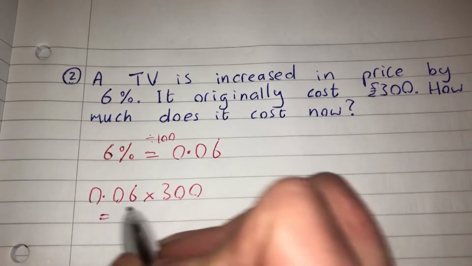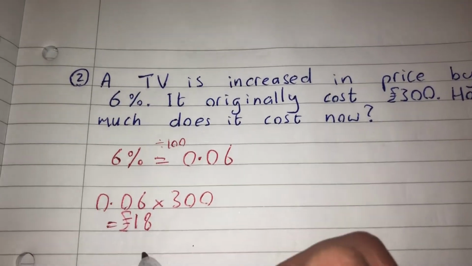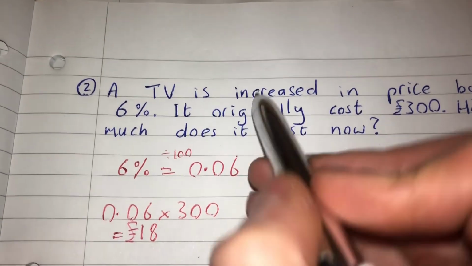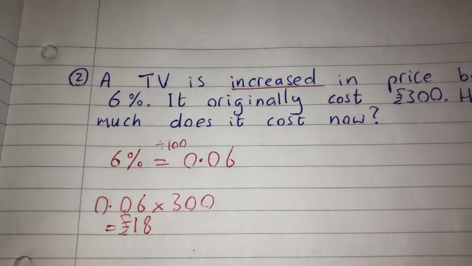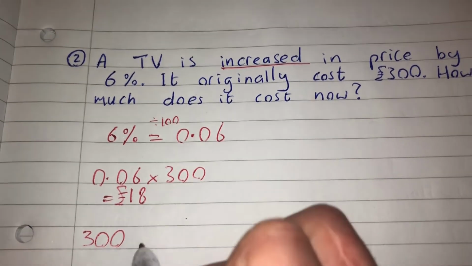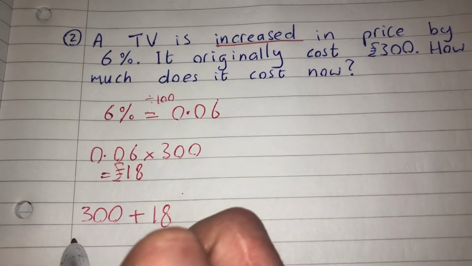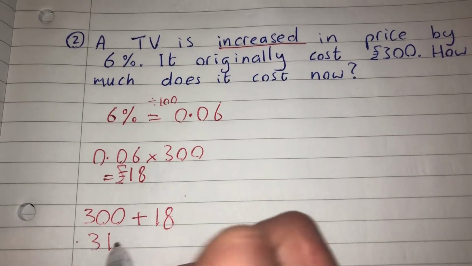Okay, so 6% is £18, of course, because we're dealing with money, and it's a percentage increase question, so highlight key things within the question as well. That's another good practice for any exam. 300 plus 18 is 318.